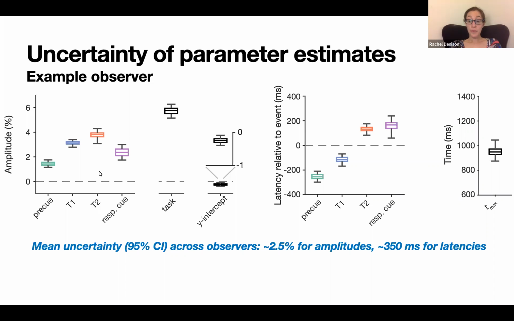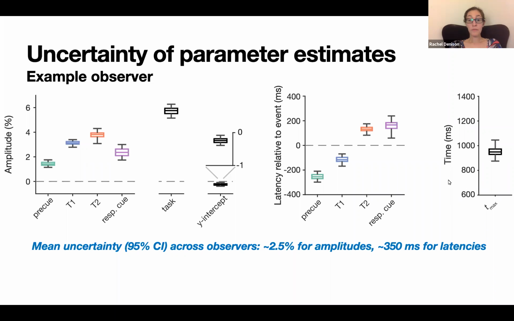So here I'm showing you the parameter estimates for an example observer. So again, we have the amplitude parameters for each trial event, this task or decision-related parameter. Here we have the latency parameters for each trial event, and then again, Tmax.